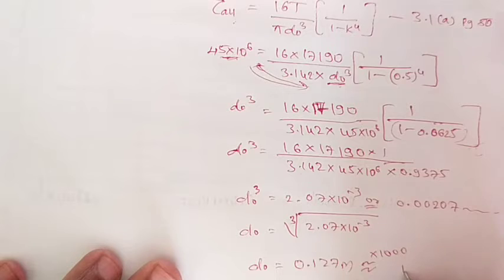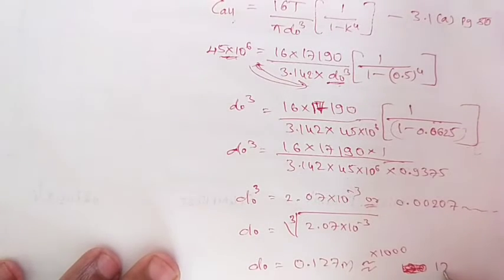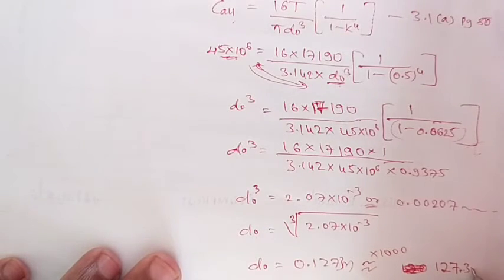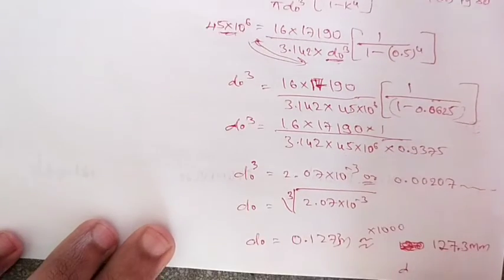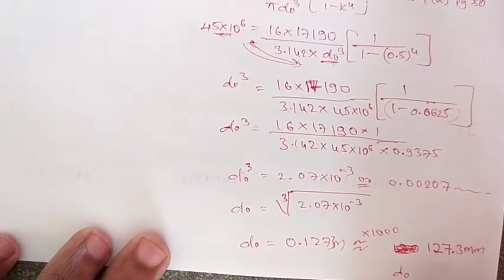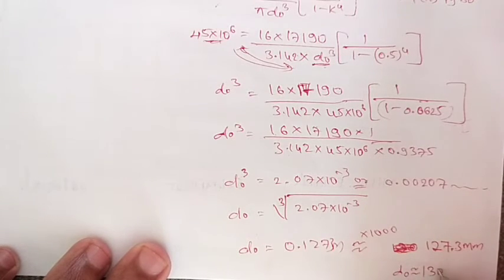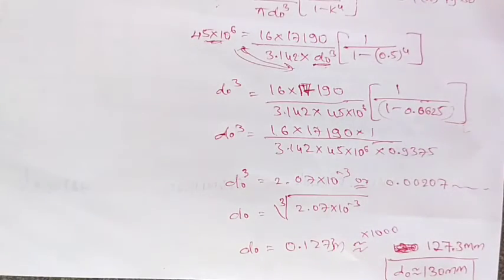So you will get 127.3 millimeter. You can approximate it to 130 millimeter. So this is the outside diameter of the shaft.